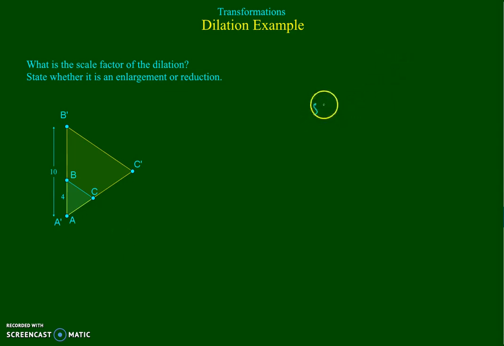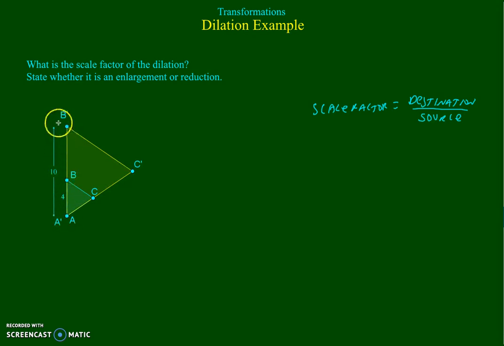So scale factor equals destination divided by source. In this case, destination is represented by the distance from A prime to B prime.